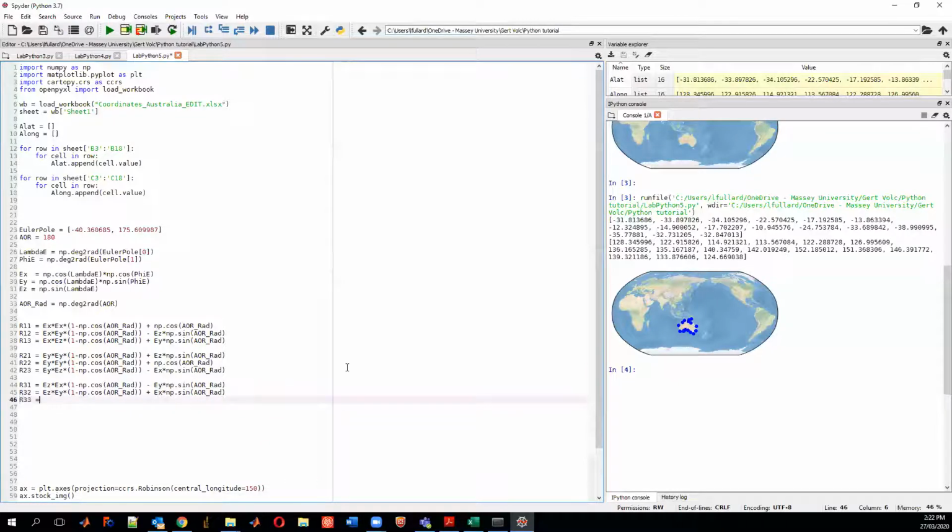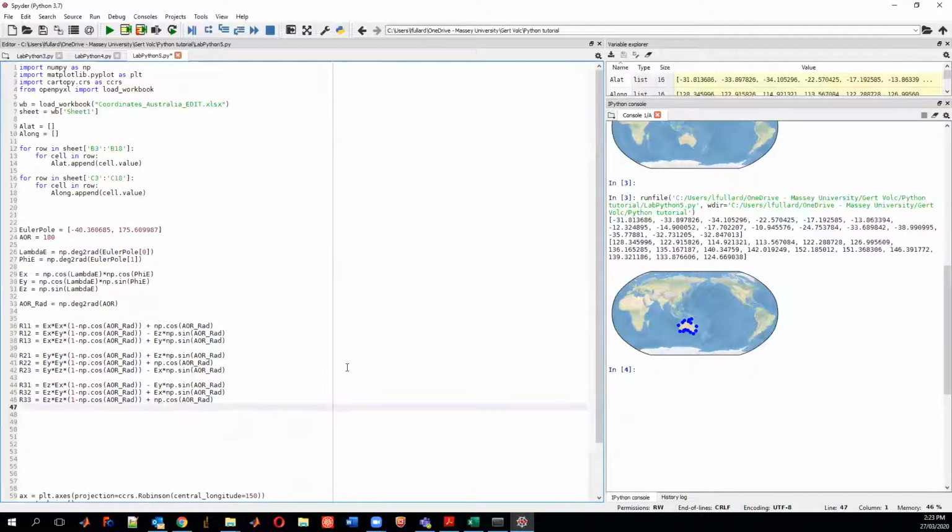And R33 equals EZ times EZ times 1 minus numpy.cos(AOR rad), plus numpy.cos(AOR rad).